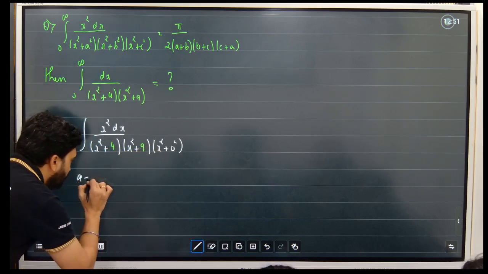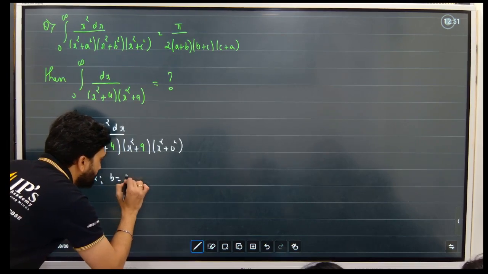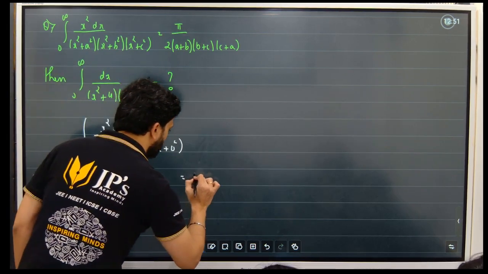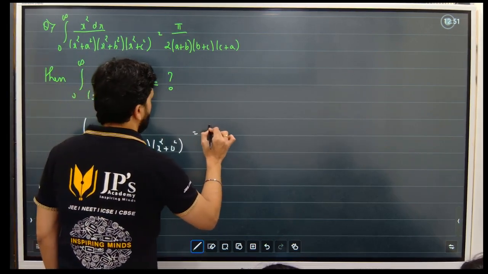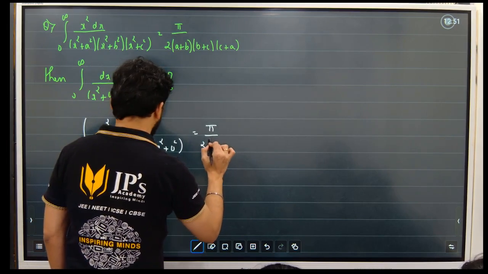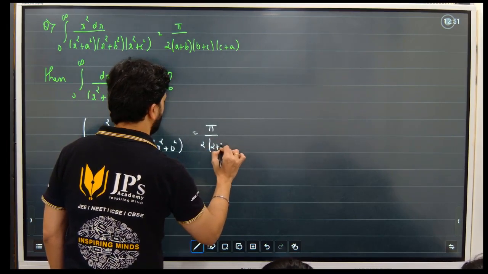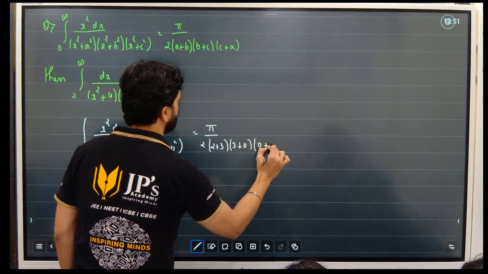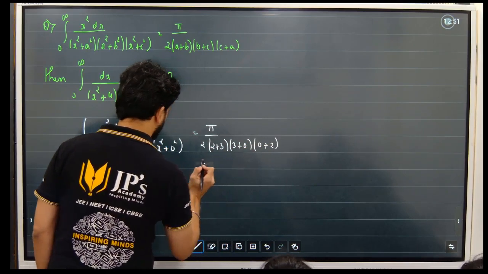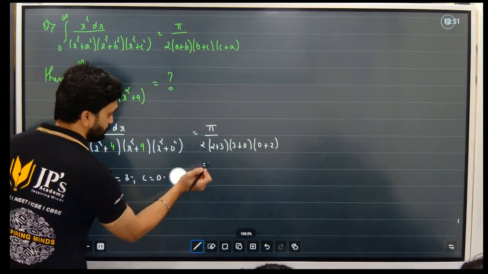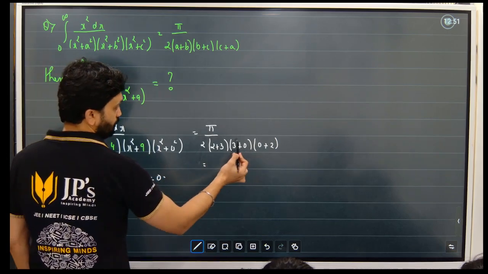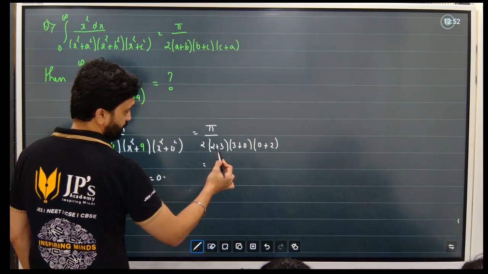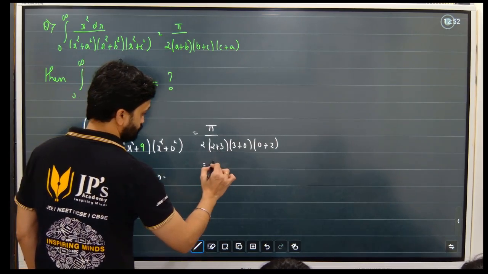So I've got A as 2, B as 3 and C as 0. So my final answer will become pi upon 2 into (2 plus 3)(3 plus 0)(0 plus 2). And if I solve this further, 2 times 3 times 5 times 2.